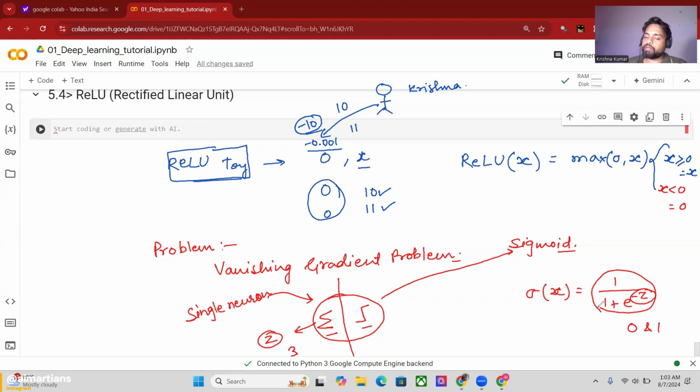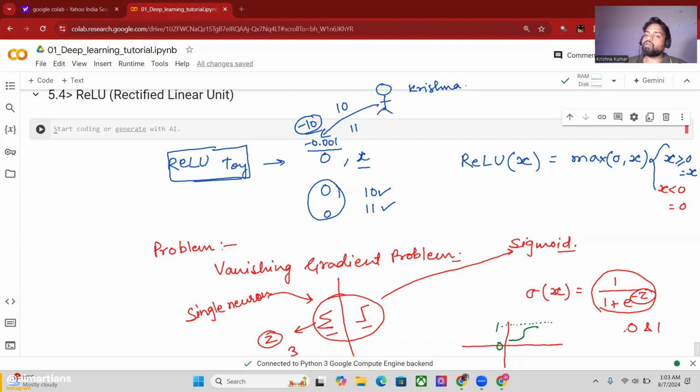Suppose I have a graph that looks like this. It will look like a simple S. What is the range? This is 0 and this is 1.